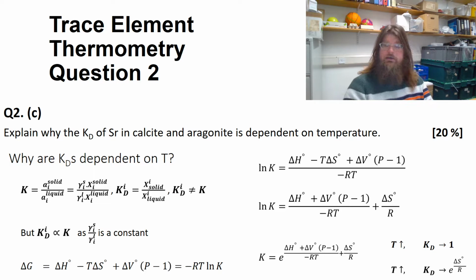So the third, not final, third part C, then goes on to ask, why are these equilibrium constants, why are these KDs that are approximates for equilibrium constants, why are they dependent on temperature? So why is it that we can use the ratio of an element in a mineral as a proxy for the temperature at which that mineral formed?